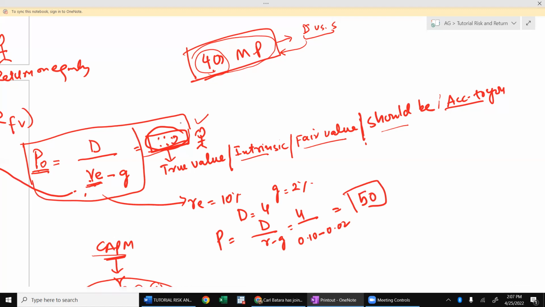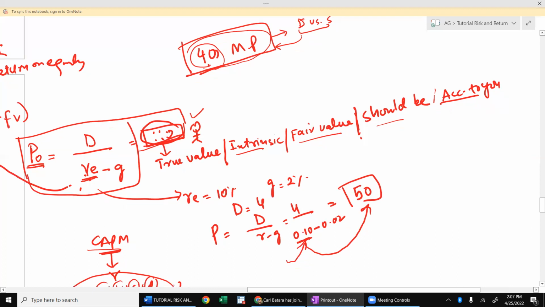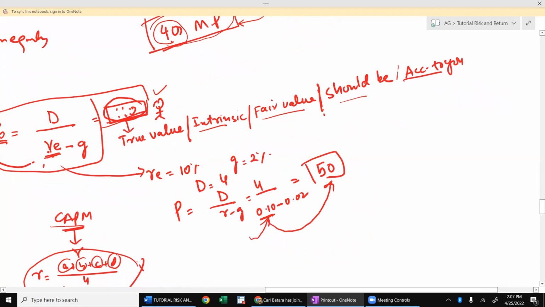It means that I am requiring 10%. If I require 10% through CAPM, because I got this 10% through CAPM, then its price should be 50. But in the market, the price is 40. So what does it mean?